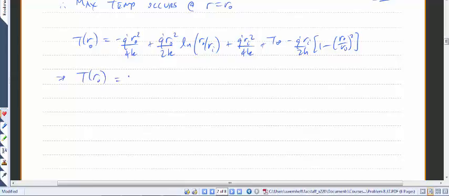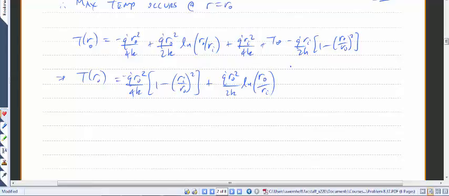T at Ro is equal then to negative q dot Ro squared over 4k, 1 minus Ri over Ro, quantity squared, plus q dot Ro squared over 2k, natural log of Ro divided by Ri, plus q dot Ri over 2h times Ro over Ri, quantity squared minus 1, plus T infinity.